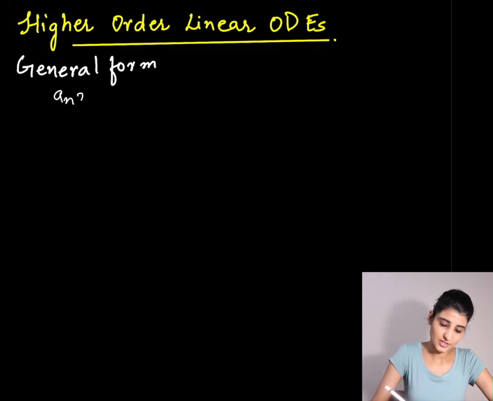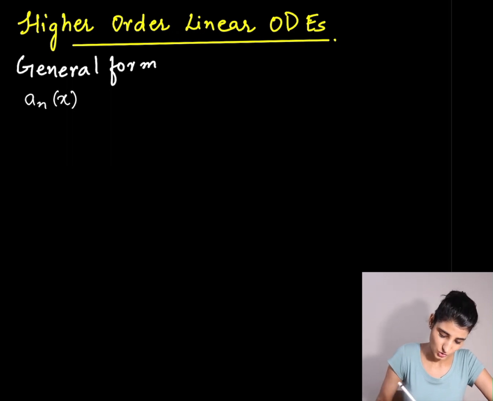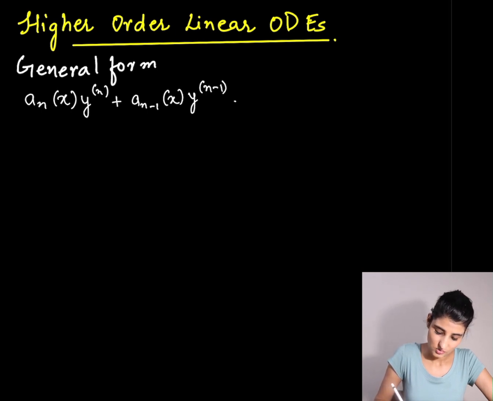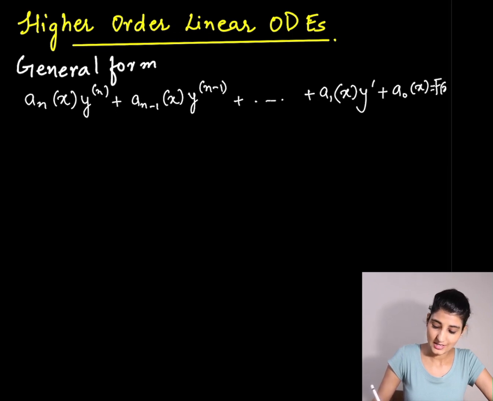So the general form is an, and I should say this is a function of x, because we are not saying this is a constant coefficient, times the nth derivative, plus an minus 1 of x times the (n minus 1)th derivative, like this, till a1 of x times the first derivative, because this also can be a function of x, plus a0 of x times y equal to f of x.